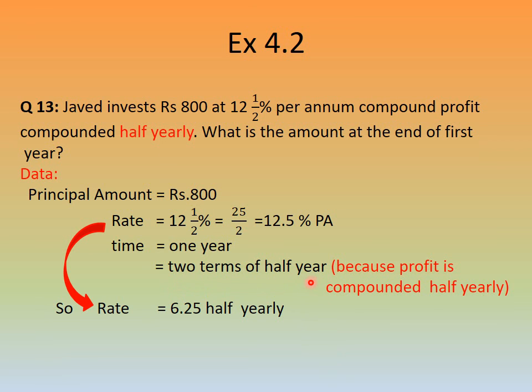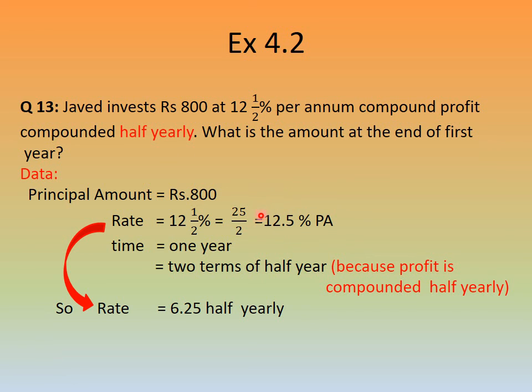Why 2 terms of half year? Because that profit is compounded half yearly. So in 1 year, when we divide 1 year into 2 terms, it would be half yearly, and then the rate would be 12.5 divided by 2.